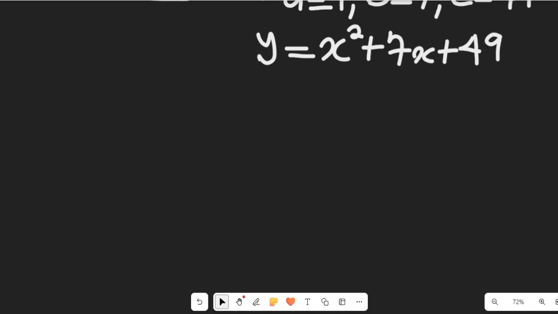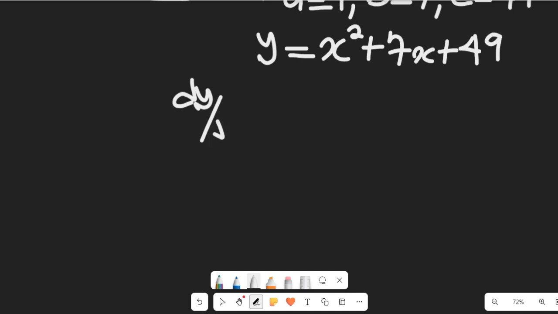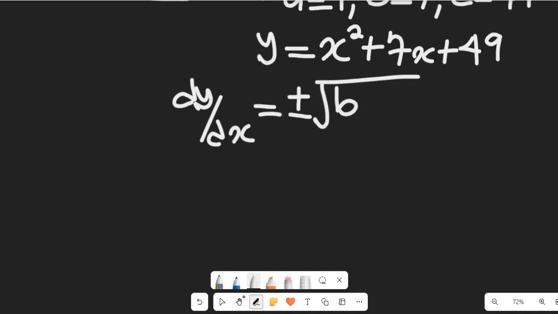Now I can simply use this, the differentiation of this with respect to x can be equal to plus or minus the square root of b squared minus 4ac, which is part of the quadratic formula.